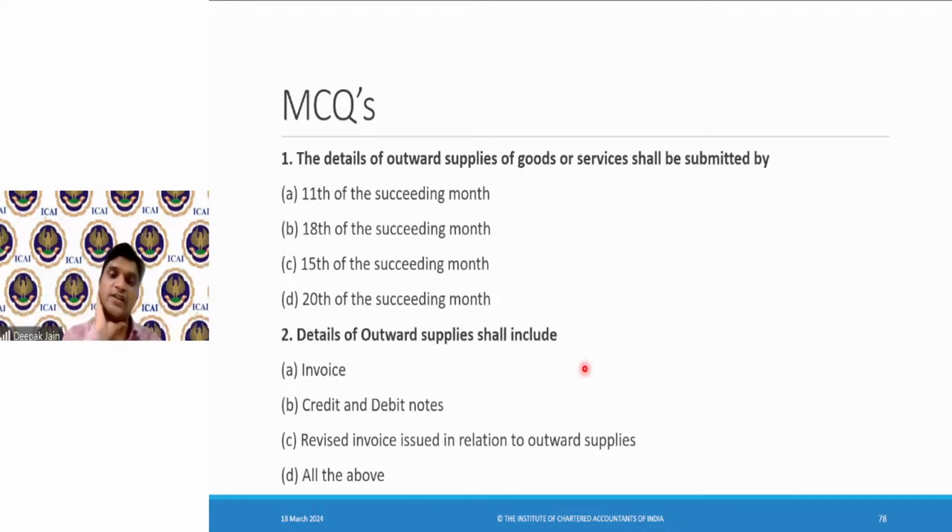Third one, the details submitted by the outward supplier in form GSTR1 shall be furnished to the recipient regular dealer in which form?